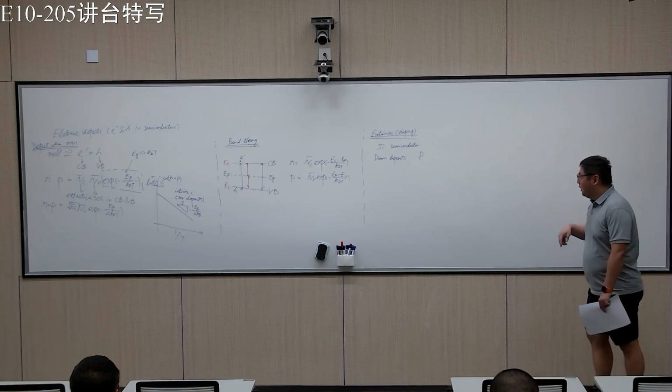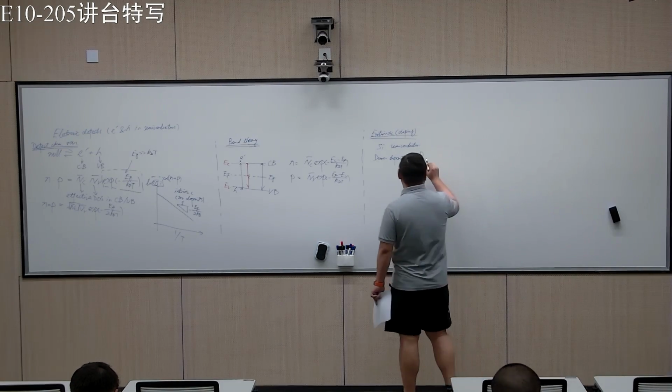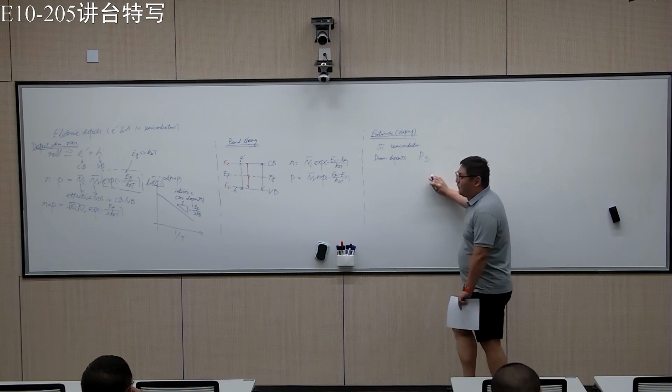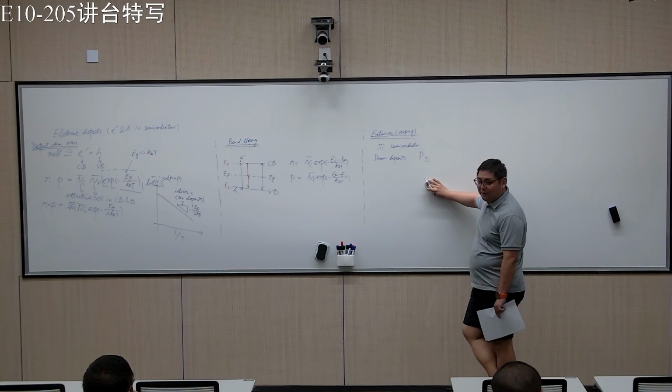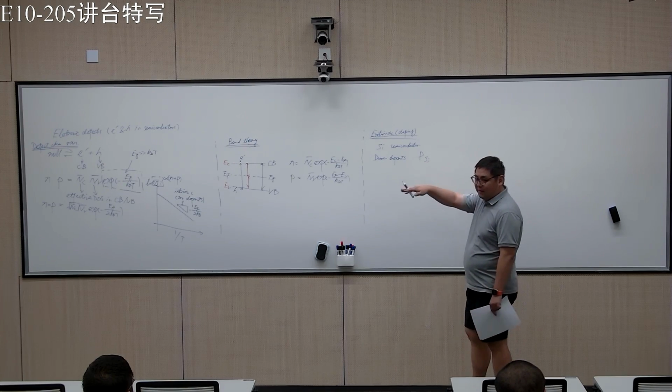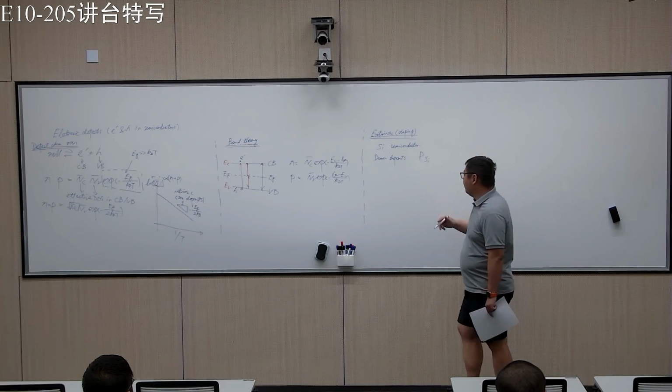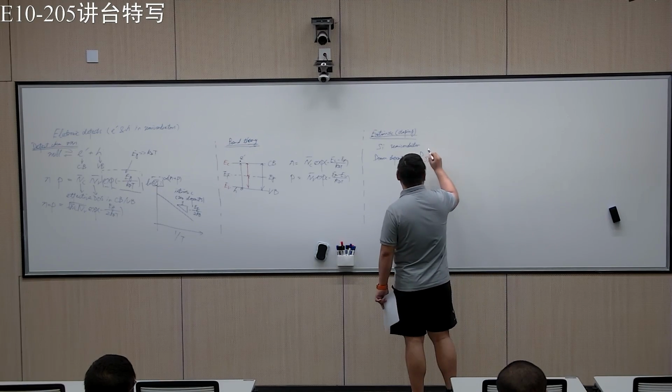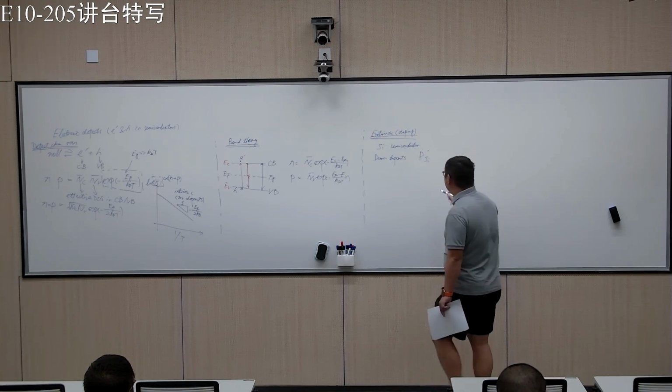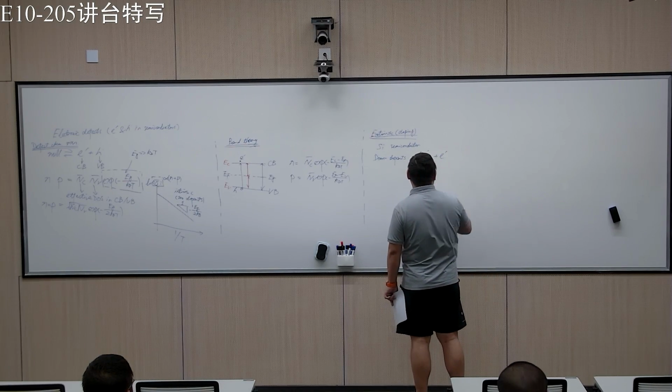So if we dope phosphorus into silicon, we know that there's a difference in the number of electrons between these two, right? This one is just one over in the periodic table. So what it does is it has a positive charge that balances with the negative charge.